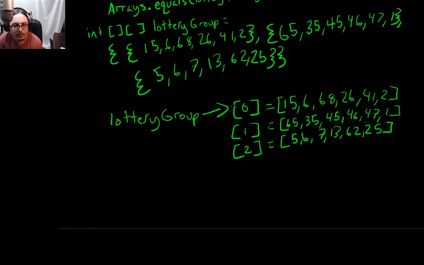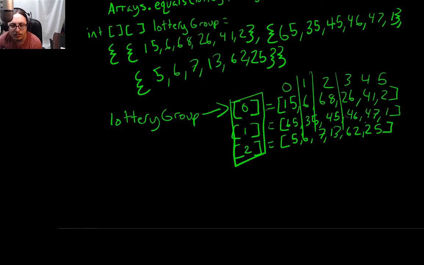So this array, the first dimension, has 3 positions, right? 0, 1, 2, and then the second dimension on these has 6 positions. 0, 1, 2, 3, 4, 5. So it's a little matrix.